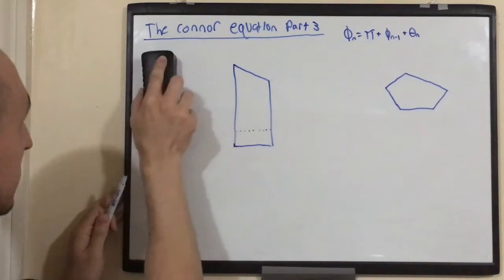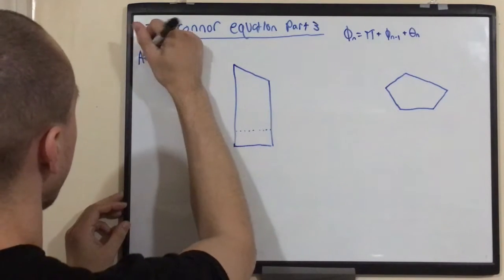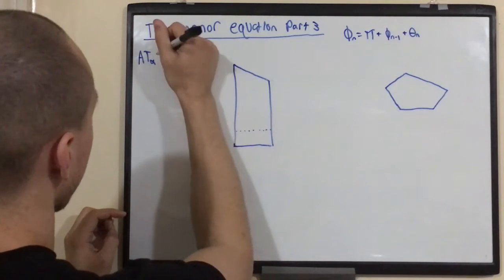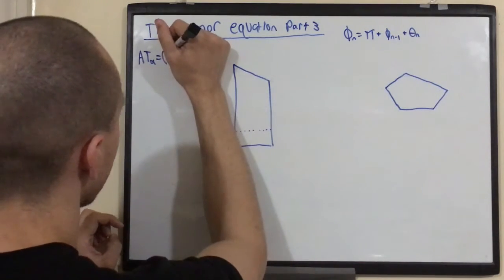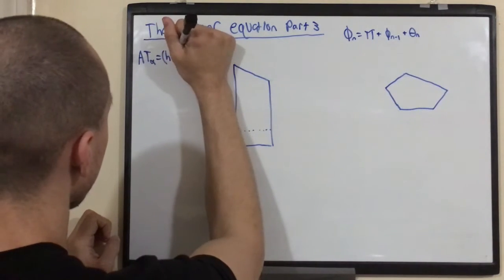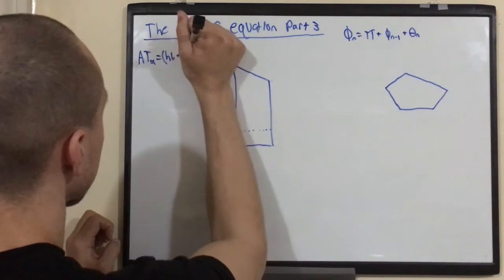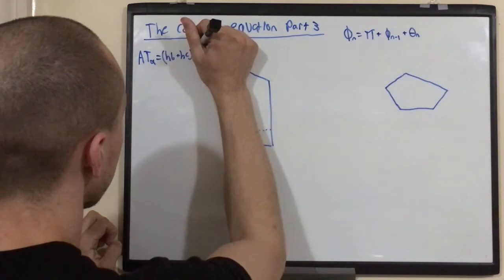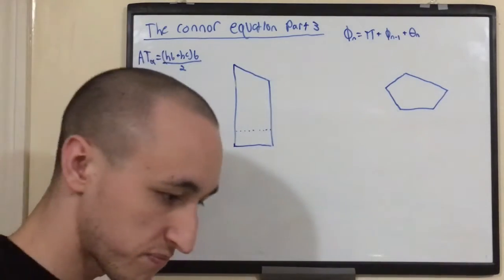I'm going to rewrite it. I'm going to say A_T alpha equals, and instead of B1 and B2, I'm going to do HB, trust me, this will work, plus HC, and then this will be B over 2, okay?